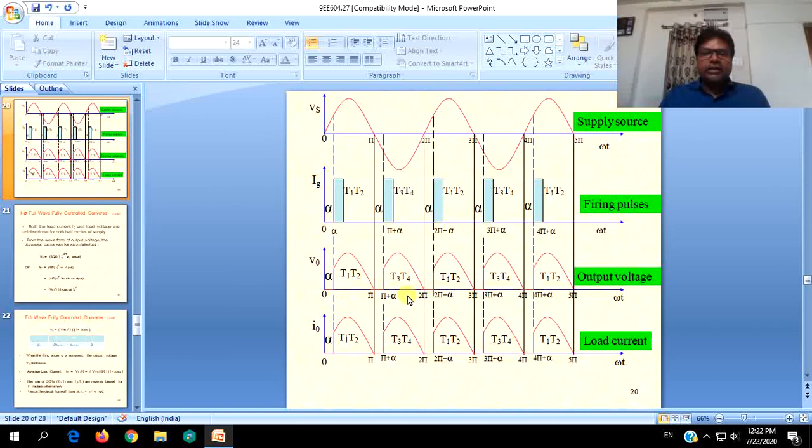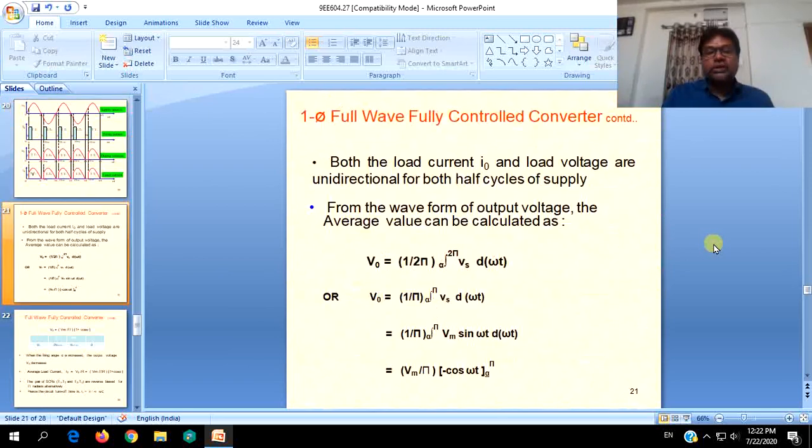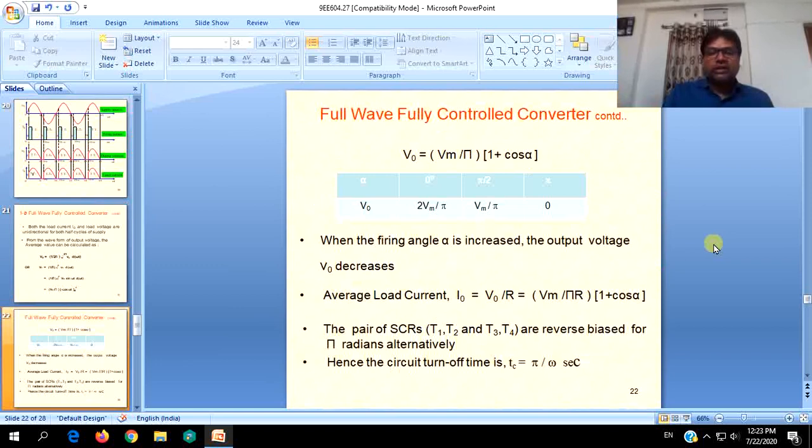And when T3, T4 are conducting from pi plus alpha to 2 pi, during this half cycle T1 and T2 are reverse biased. So the circuit turn off time should be equal to the negative half cycle given to that pair of SCRs. Hence the circuit turn off time Tc is equal to pi (180 degrees) divided by omega, in seconds.